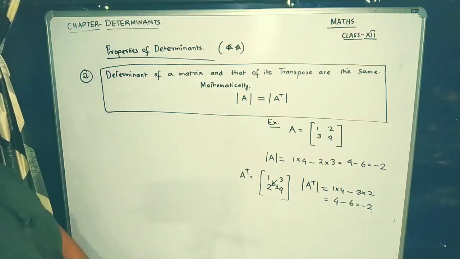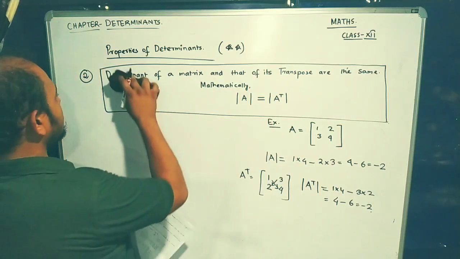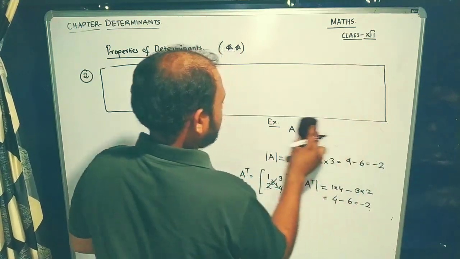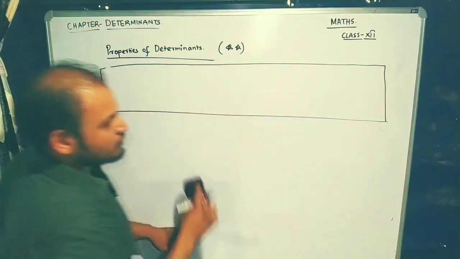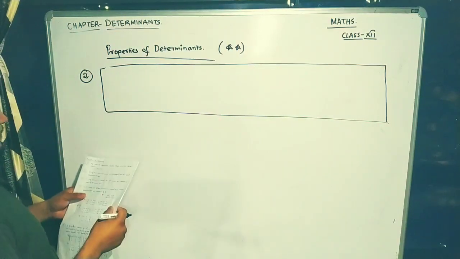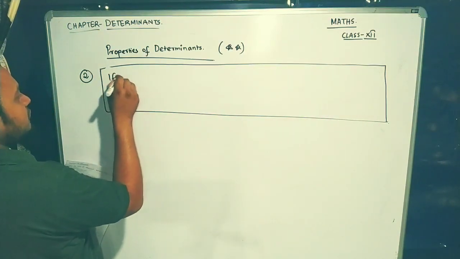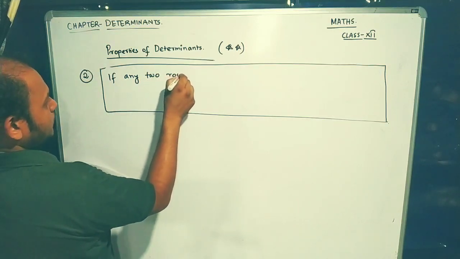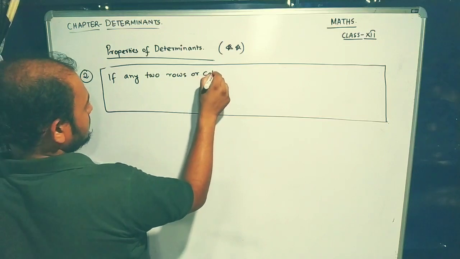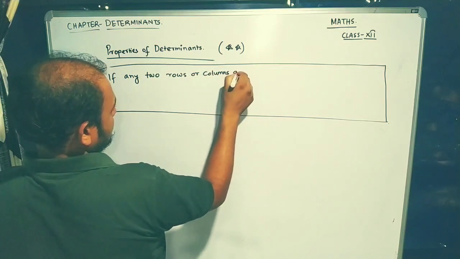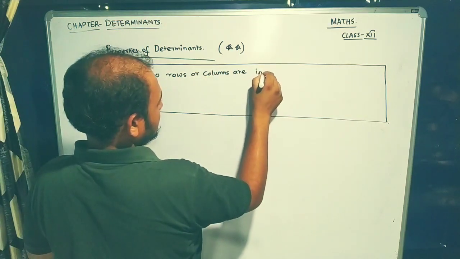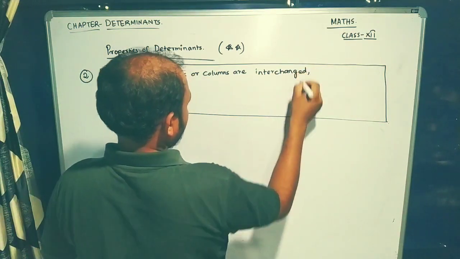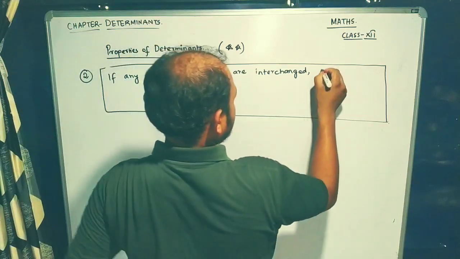Let's move to property number 2 on determinants, and its statement is somewhat like this. Property number 2 states that if any two rows or columns are interchanged, then the sign of the determinant changes.